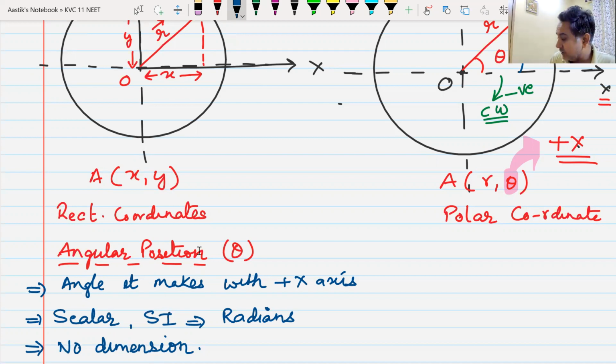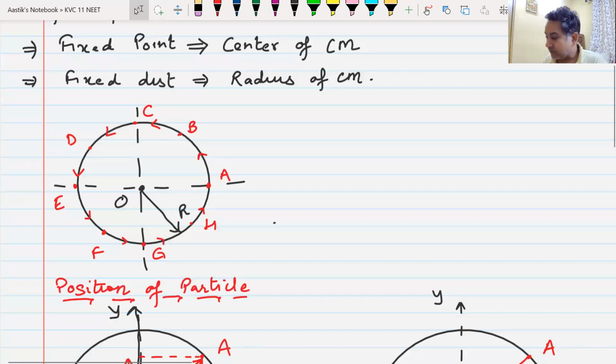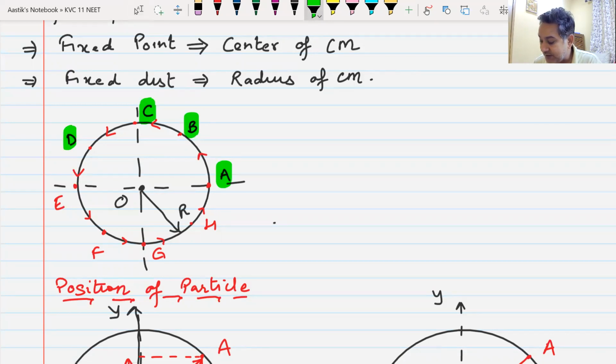Now, when this particle is going to move in a circular path, its angular position is going to change. At some point, it will be at point A. At some time, it will be at point B, then C, then D, then E, F, and so on.